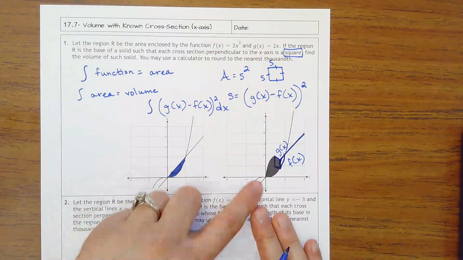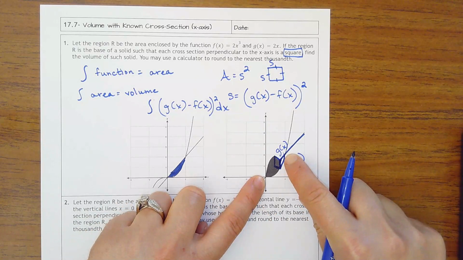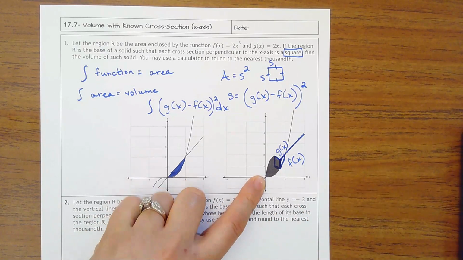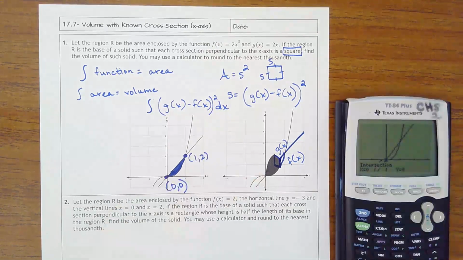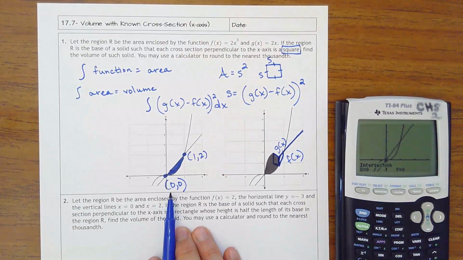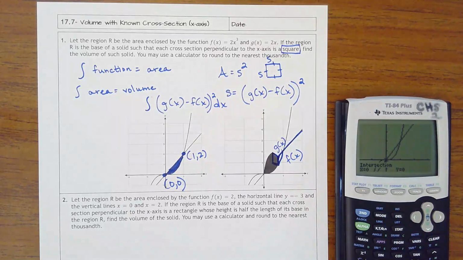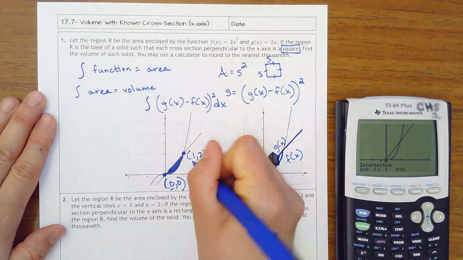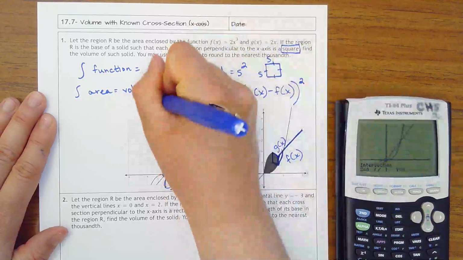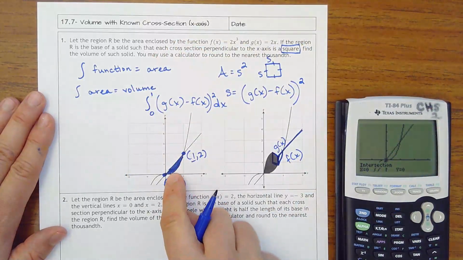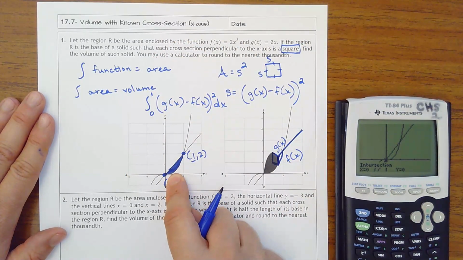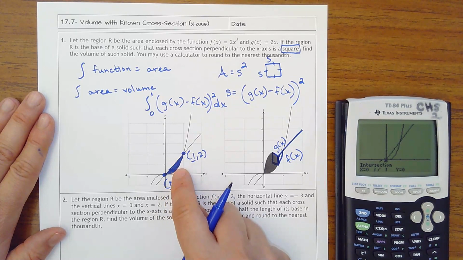So go ahead and find these two points of intersection here so we can have our lower and upper bounds. And I did find this to be 0, 0, and this is the point 1, comma 2. I had to zoom in a little bit so I could see them. So let's go ahead and add in our x values. We're going from 0 to 1. We're accumulating all of the area between the top line and the bottom line.